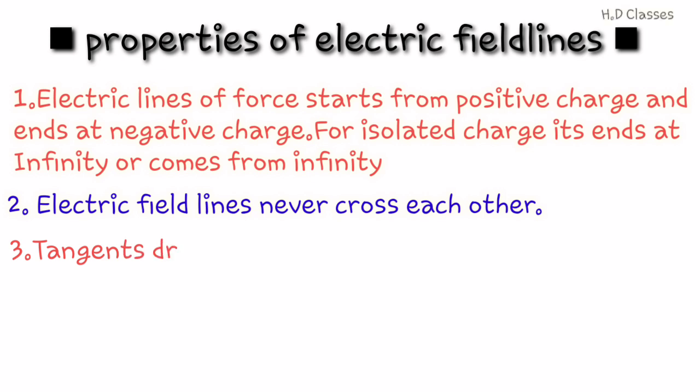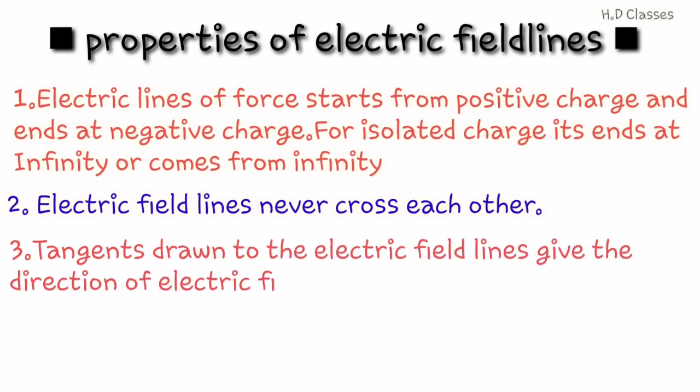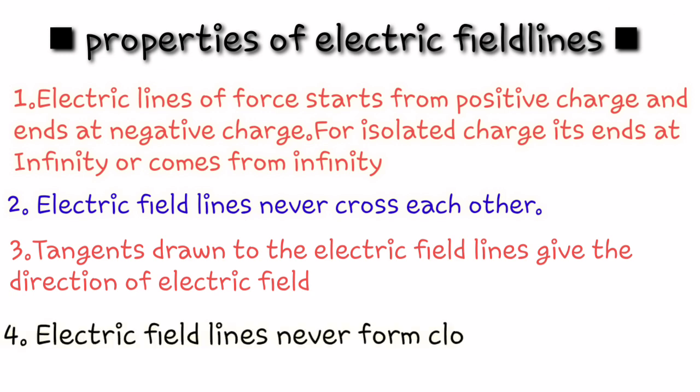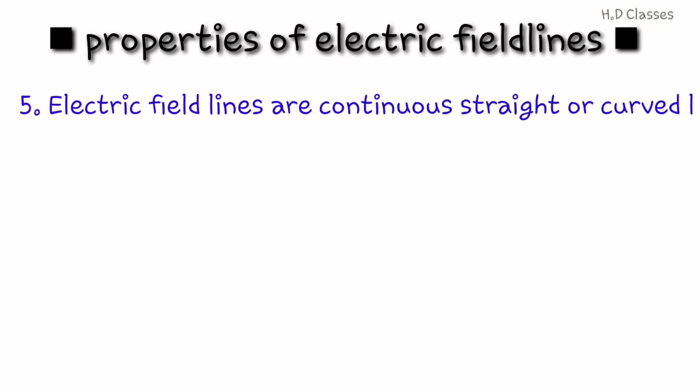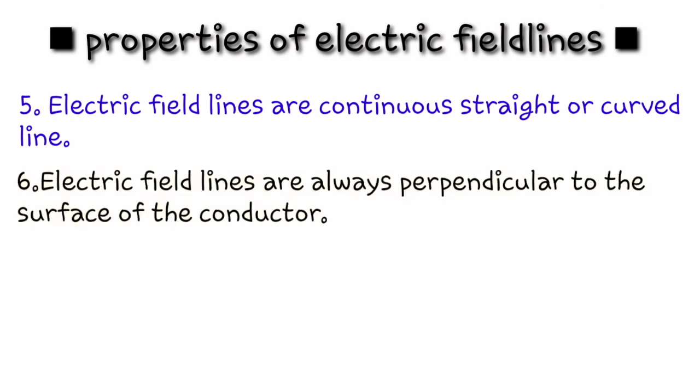Number 3, tangents drawn to the electric field lines give the direction of electric field. Number 4, electric field lines never form closed loops. Number 5, electric field lines are continuous, straight or curved lines. Number 6, electric field lines are always perpendicular to the surface of the conductor.